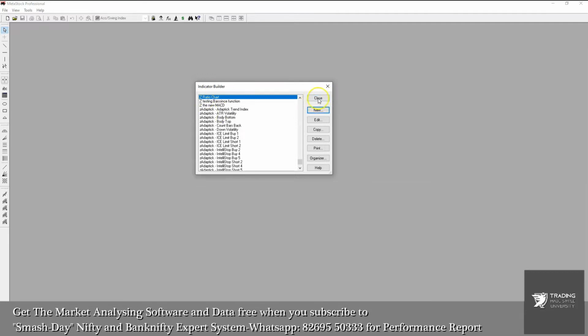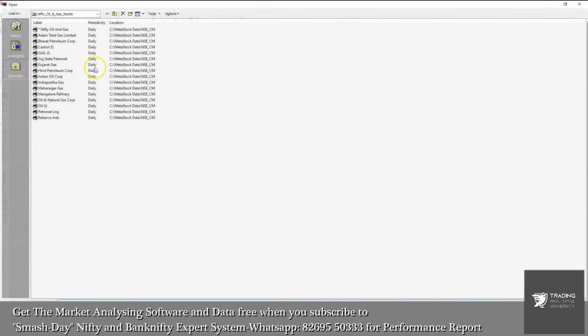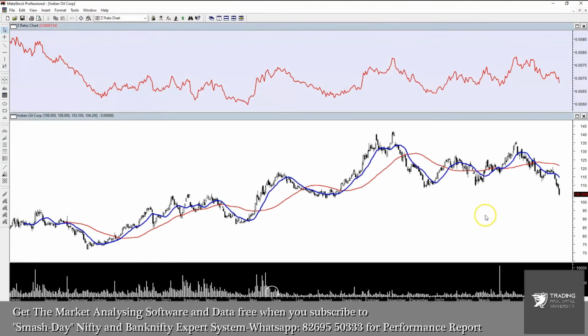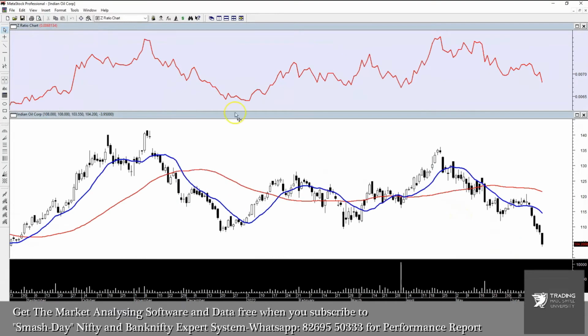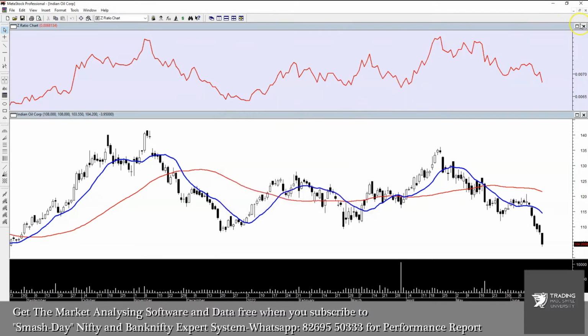So this ratio chart is plotted now, and let us plot this ratio chart on a particular stock. We are in Nifty Oil and Gas stocks. Let us select the stock of, suppose, IOC, Indian Oil Corporation, and open the chart. The ratio chart has been plotted here. If it were not there, it is easy to plot.